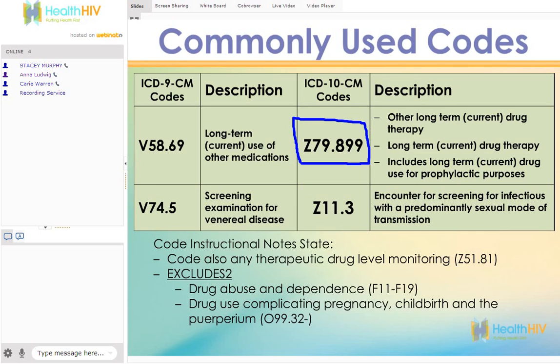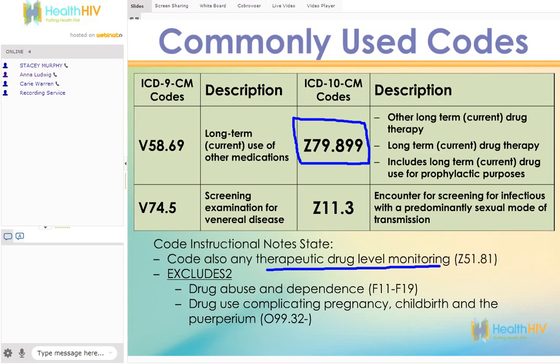At the bottom of the slide, you'll notice there are some special coding instructions. These coding instructions apply to the long-term use code. So in terms of patients that are on any specific drugs where you're monitoring drug levels, the coding instructions advise you to use the Z51.81.